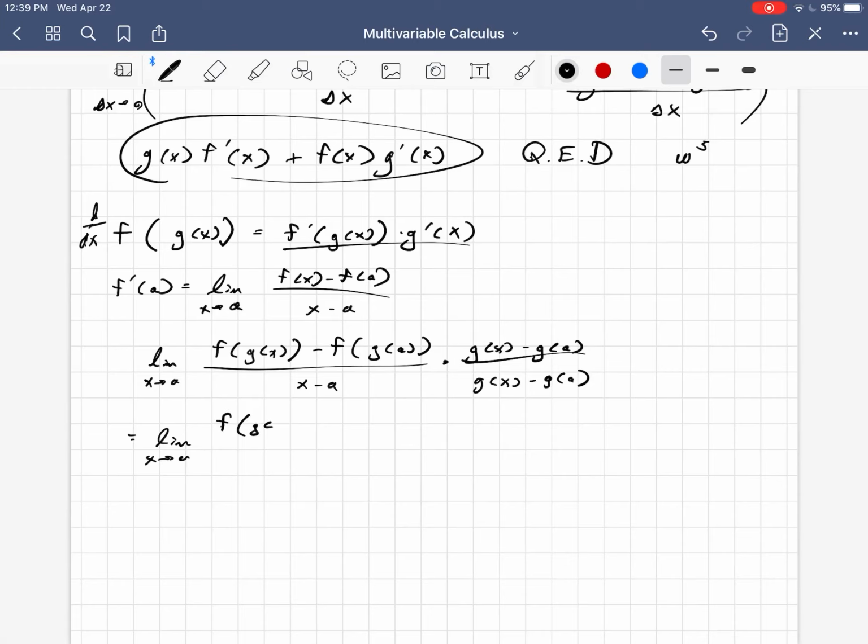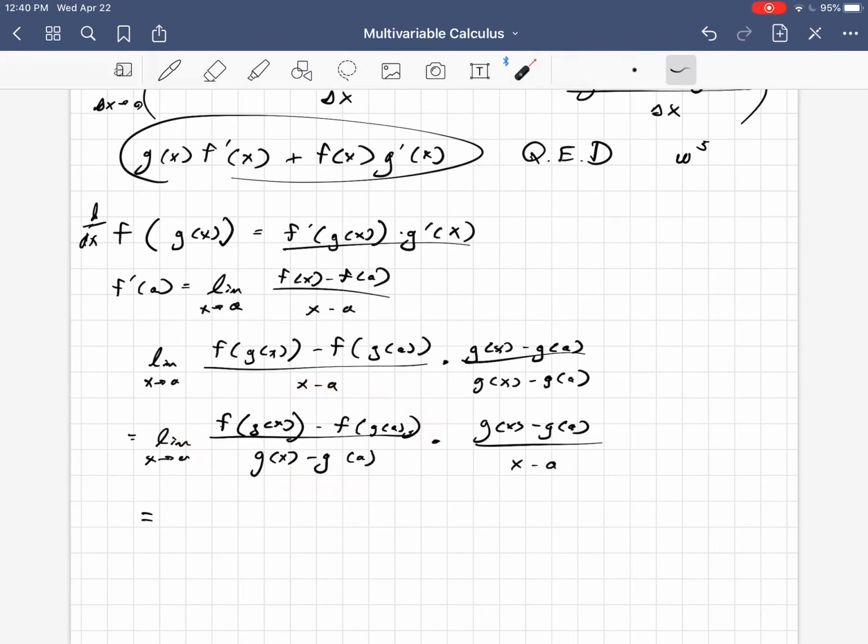Then I would get the limit as x goes to a of f of g of x minus f of g of a over, and now what I'm going to write this denominator over g of x minus g of a, and then I'm going to multiply that by g of x minus g of a over x minus a. That's it.